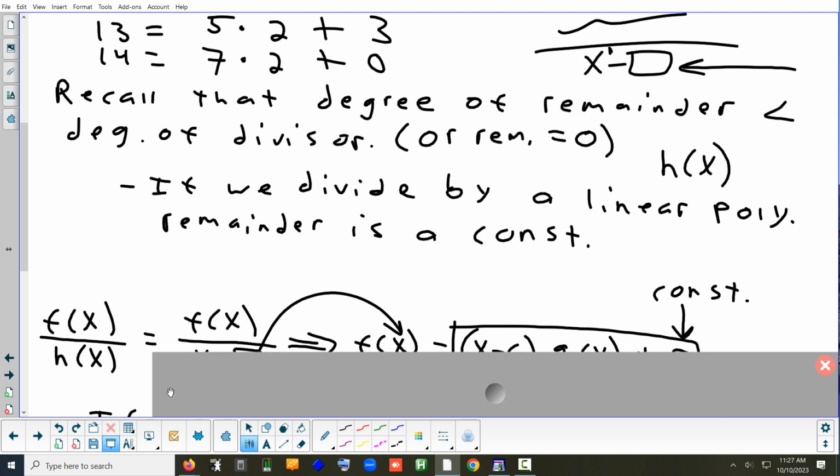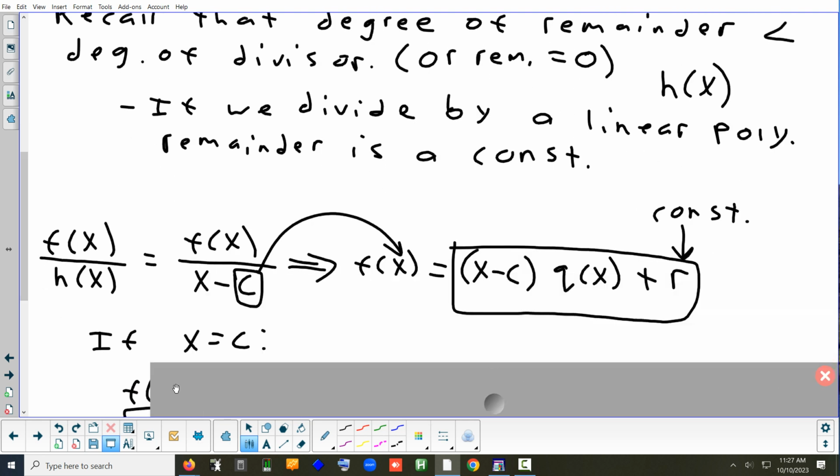Let's see what happens. So again, take the number that comes after the minus sign and plug it in for x. Well, when you do that, that means all your x's are going to change to c's. Whatever this is, maybe it's a 2, maybe it's a 5, we don't know what it is, but it would be a number. Okay? We're going to call that c for now.